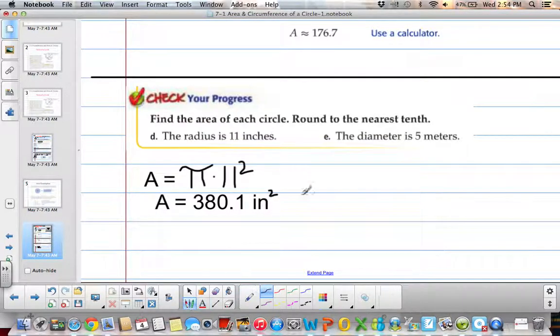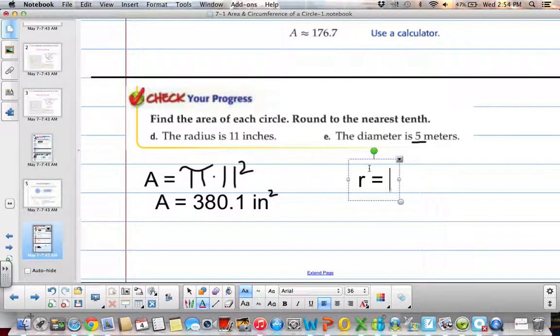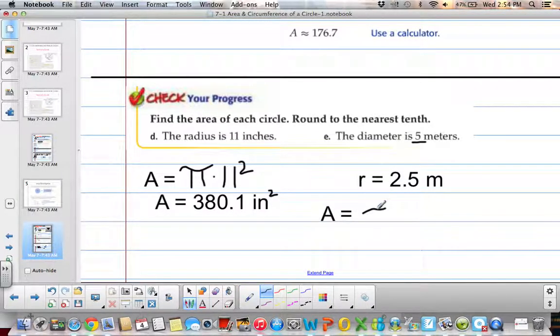Okay? For the diameter is 5, so right away I'm going to figure out that we need to figure out our radius. So radius equals 2.5 meters because it's half of D. So now I can plug in A equals pi times 2.5 squared.